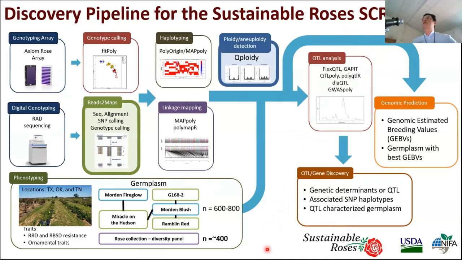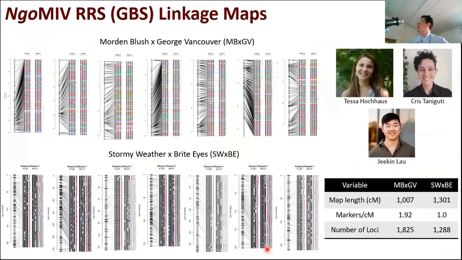So there's a QTL gene discovery aspect to this project, but then there is also how to apply some of these tools and technologies for our purposes in a plant breeding context. So one of the things that we're doing, and here we have Tessa that you heard earlier, Jikan, you heard of him earlier, and of course, Chris, 2 postdocs in my team, and Tessa is a PhD student, and they've been tasked to develop a GBS platform for tetraploid roses, and we've done a couple of runs to test the procedures.